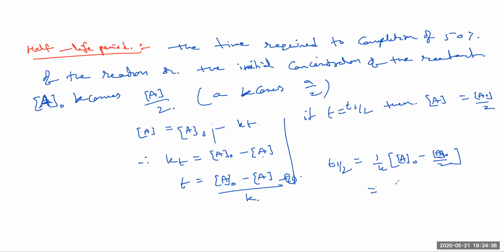It is A by 2 only. That is initial concentration, A naught by 2K. So T half is a constant, 1 by 2K is a constant, and T half is directly proportional to initial concentration. Take this formula.